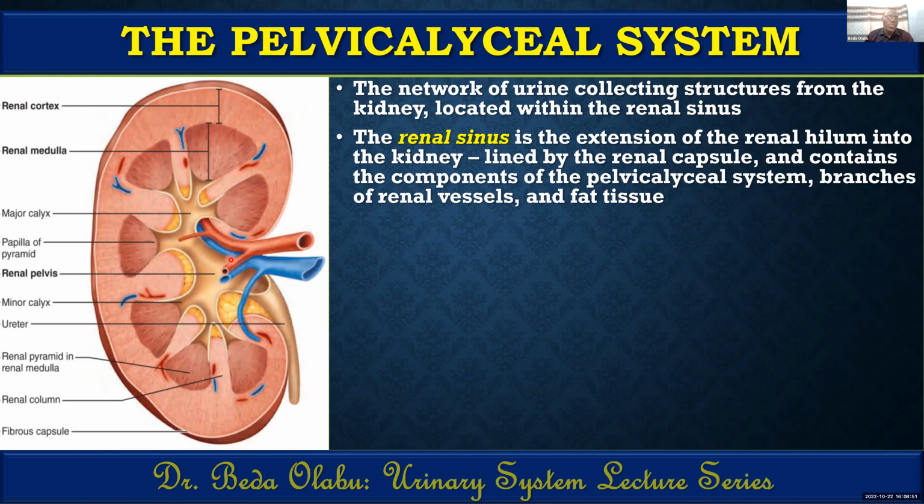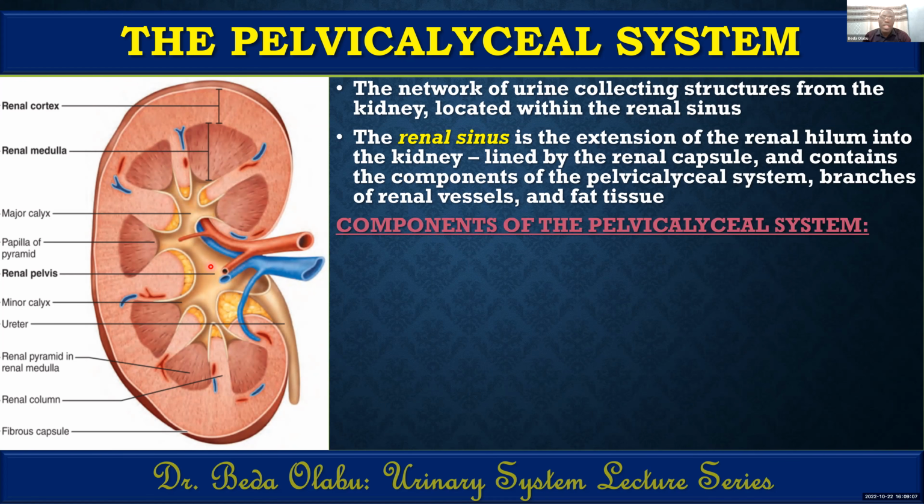This image shows you the renal artery, the renal vein, and there are various segmental branches within the renal sinus, also fatty tissue and pelvicalyceal system located within the renal sinus.